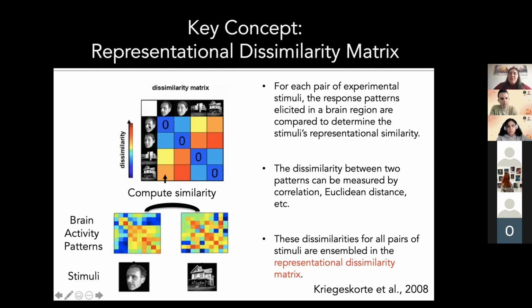So if you compare the similarity of a man face with the same man face, it is the darker blue, right? But if you compare a man face with a woman face, it's a light blue. If you compare a man face with a house, for example, it is yellow. The dissimilarity increases, right? So it's a matrix that shows how similar the representations of each stimulus are to each other.